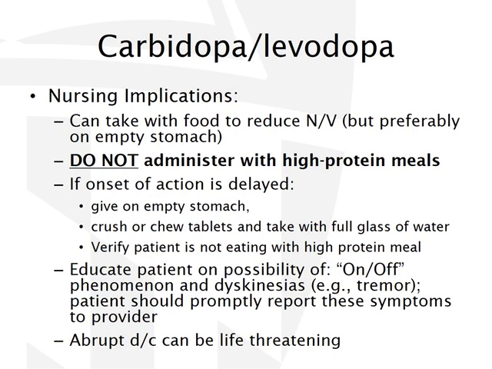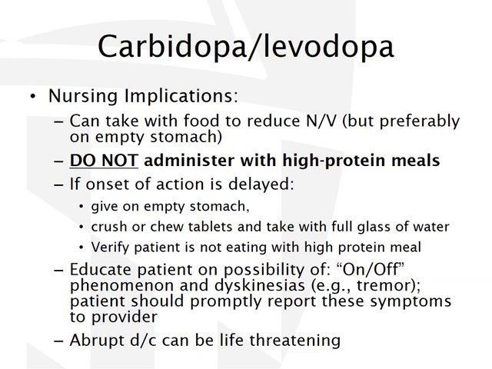So some nursing implications. I already mentioned that the drug can be taken with food if the patient's experiencing nausea and vomiting. We do prefer to give it on an empty stomach just because high protein meals can significantly inhibit or delay the absorption of this drug.